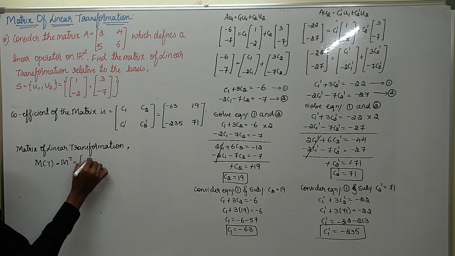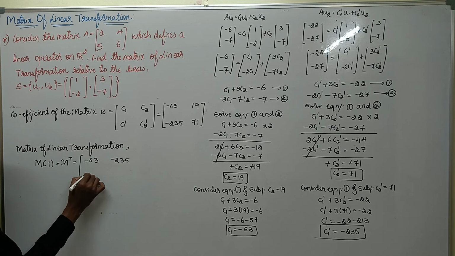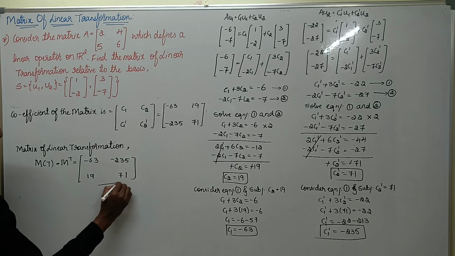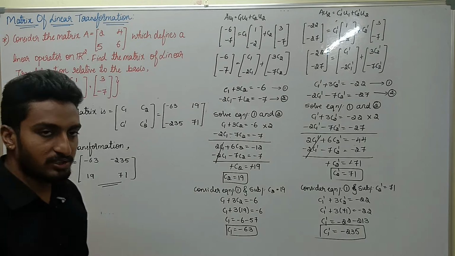That is minus 63, minus 235, 19 and 71. This is the required solution for the given set of matrix. This is how we need to find the matrix of linear transformation for the given matrix with respect to the standard basis. Yes, I hope you have understood these problems.